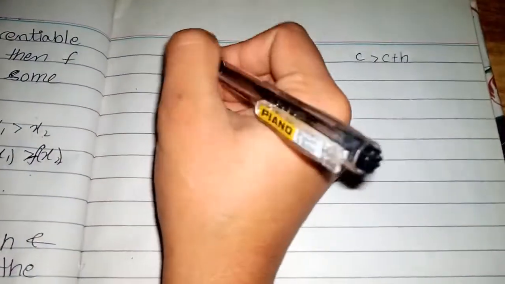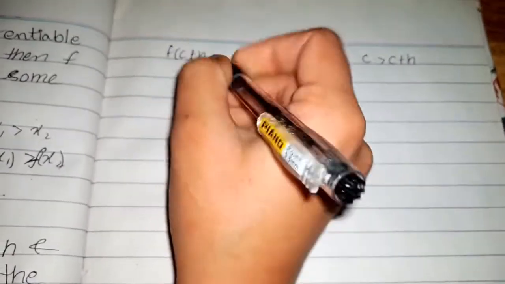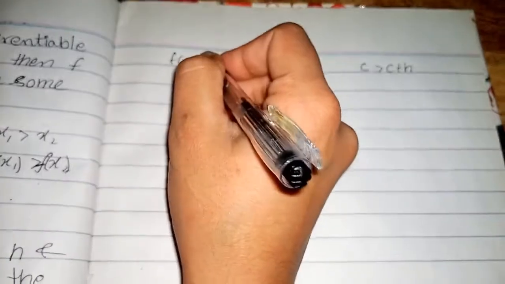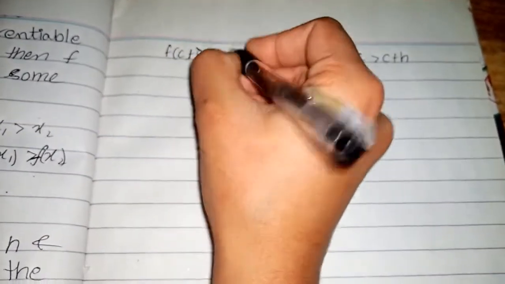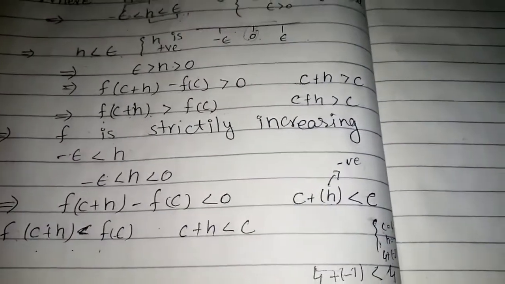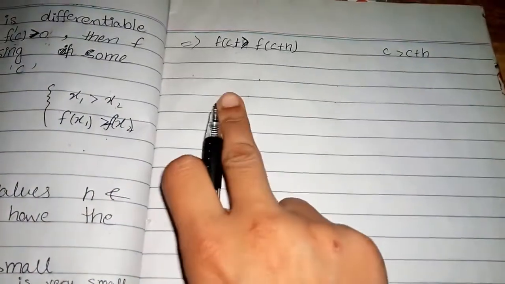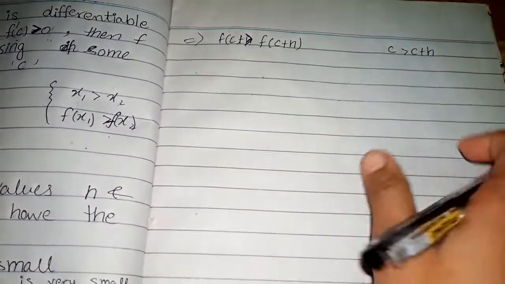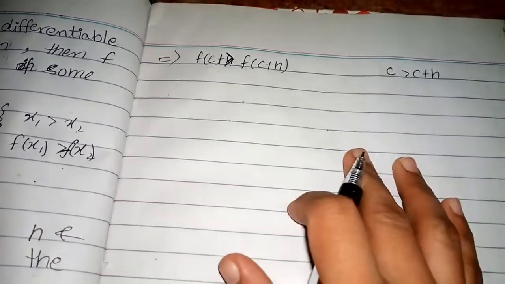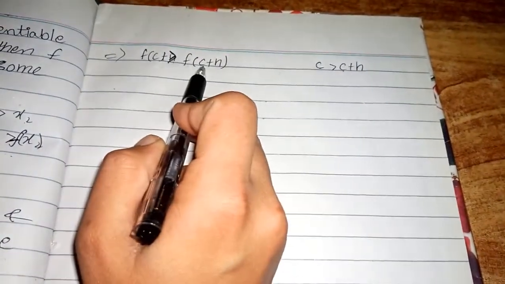and also f of c is greater than f of c plus h. As we have f of c plus h less than f of c, we write f of c is greater than f of c plus h, and this implies, by the definition of strictly increasing again, that if one point is greater than the other, the function value is also greater than at that point.